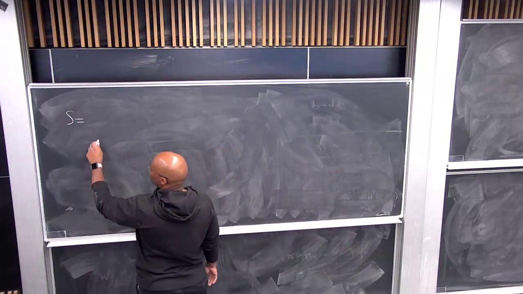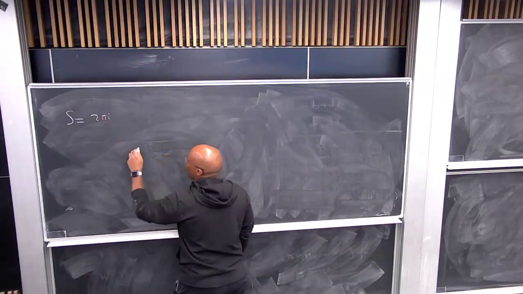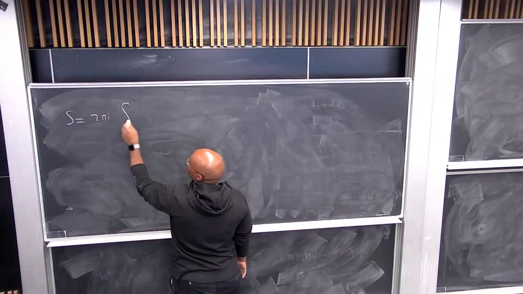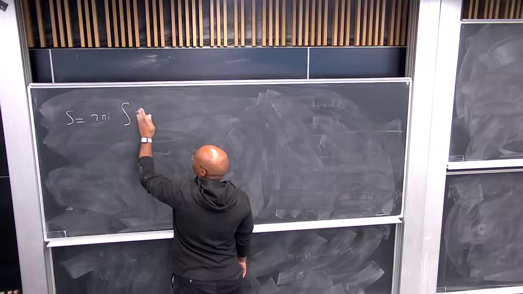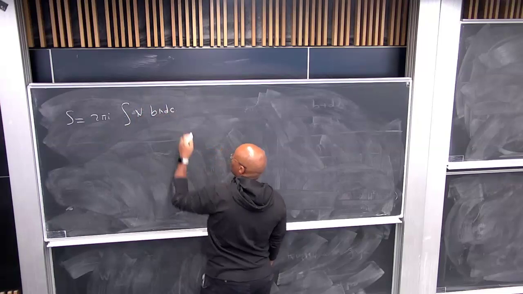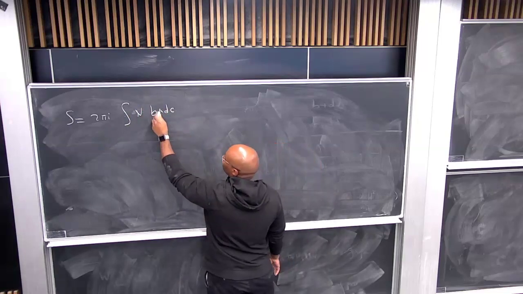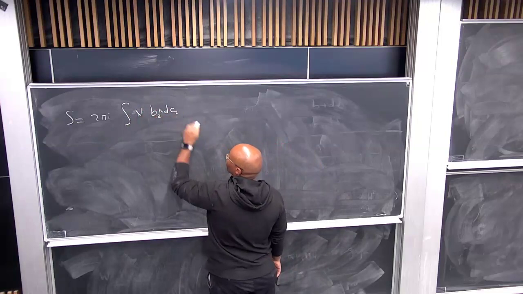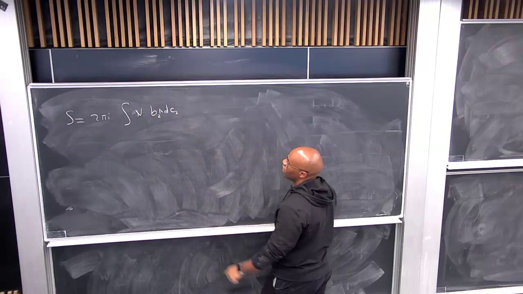We'll consider an action in 5 dimensions: 2 pi i times m, plus n times b wedge dc. So this is a 2-form. I will put a label of a 2-form to clarify.